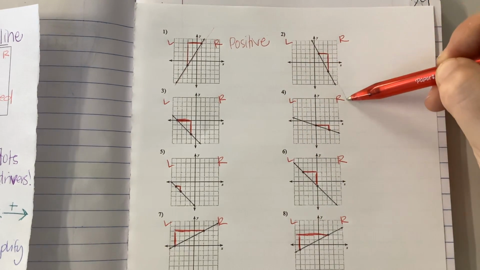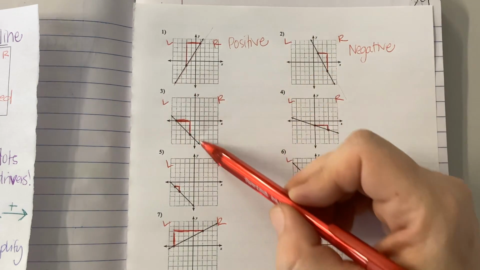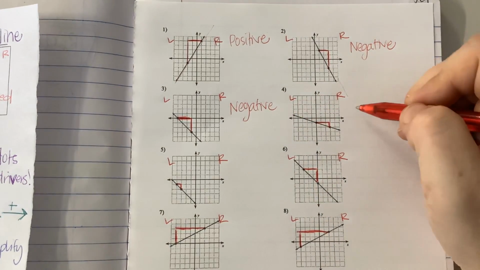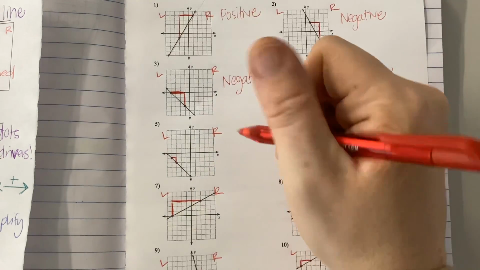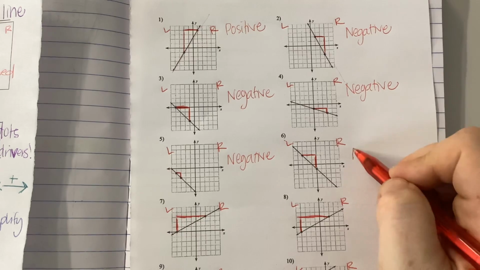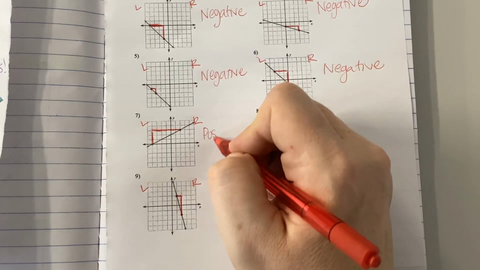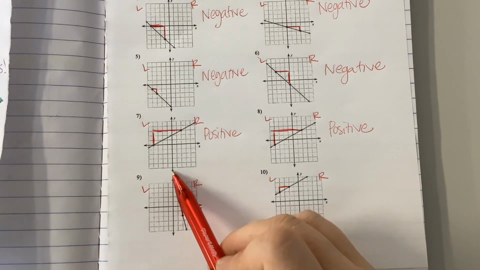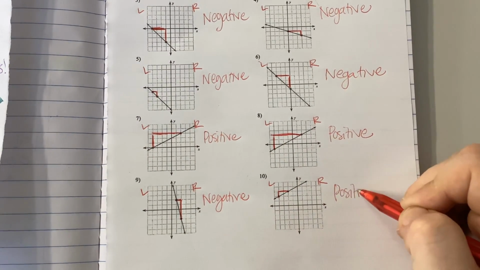Number 2 goes down to the right, so it's negative. 3 goes down to the right, negative. 4 goes down to the right, negative. 5, negative again. 6, negative. 7, 8, 9, 10. And then we would count.